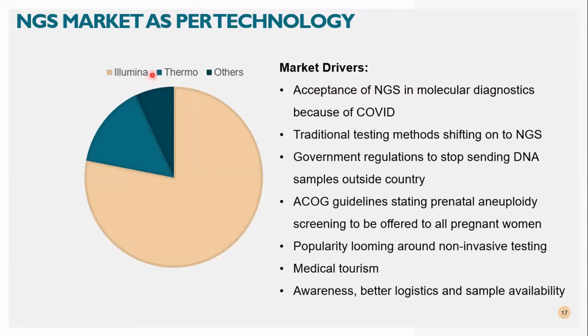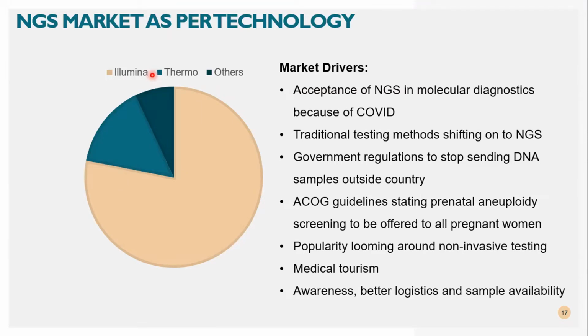Yeah, go ahead, Ashutosh. Okay, so the ACOG guidelines were basically related to NIPT, where sequencing was earlier recommended for ladies who are 35 or above, but now they're saying basic screening can be done on any pregnant lady, and non-invasive testing is gaining popularity. Another factor is medical tourism, with people coming from different countries like South Asian countries and the Middle East.